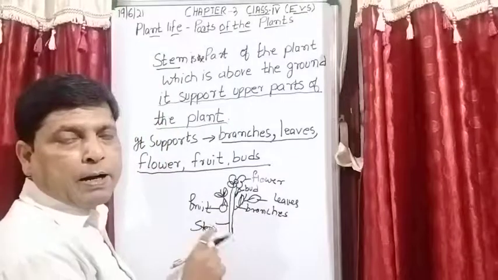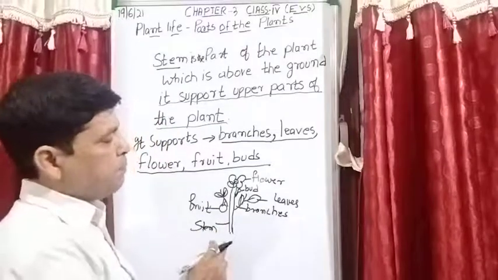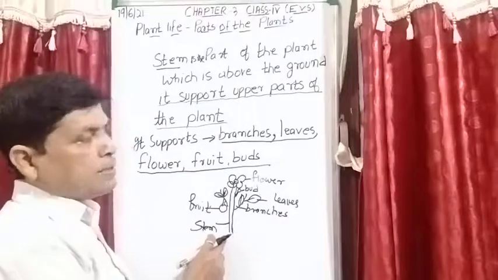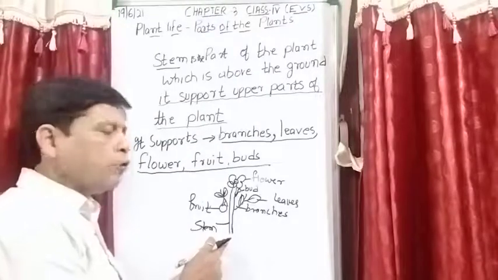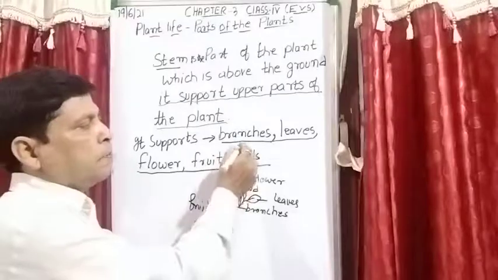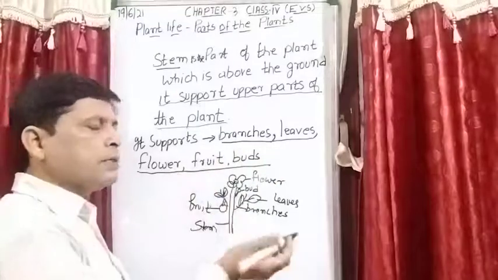All these parts are attached to what? The stem. That is the reason the stem supports the upper part of the plant, that is branches, leaf, flower, fruit, buds.